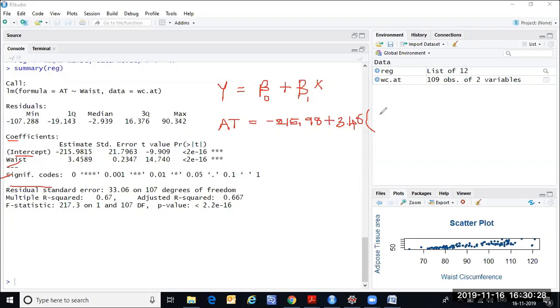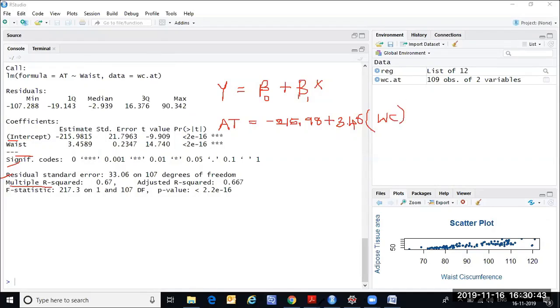What is x, friends, in our equation? Is waist circumference, right? Clear? And this is the equation that we have built.